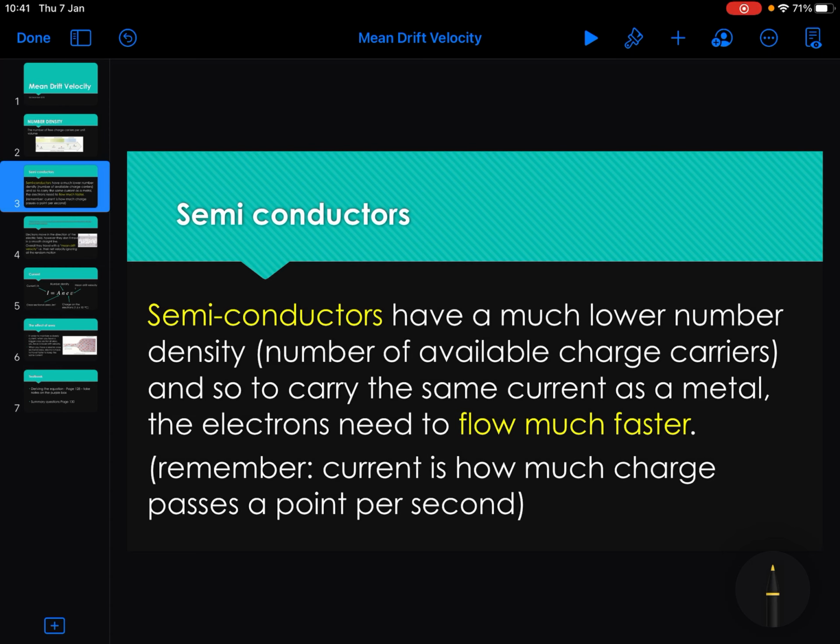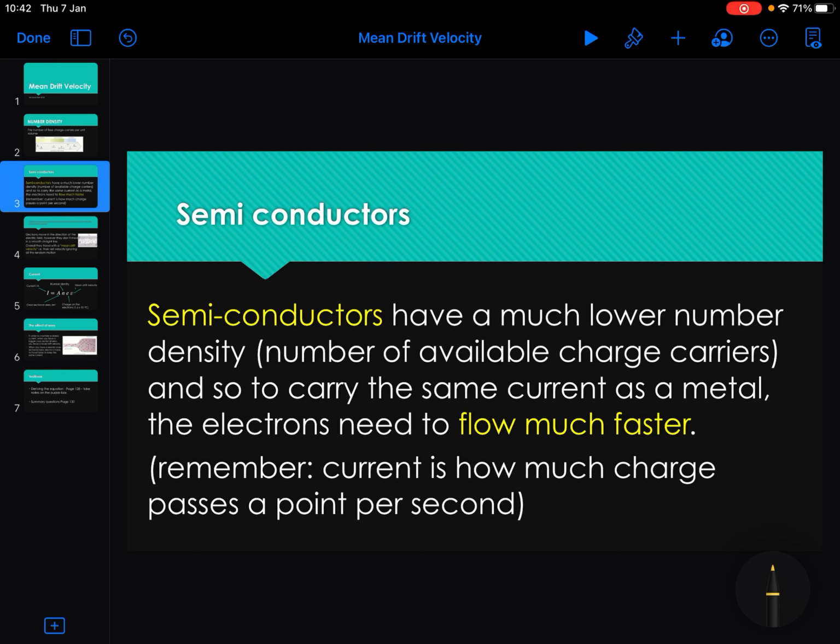Semiconductors have a much lower number density, and so to carry the same current as a metal, the electrons need to flow much faster. So effectively, if we want a metal and a semiconductor to have the same current, you need to have a higher speed of electrons.